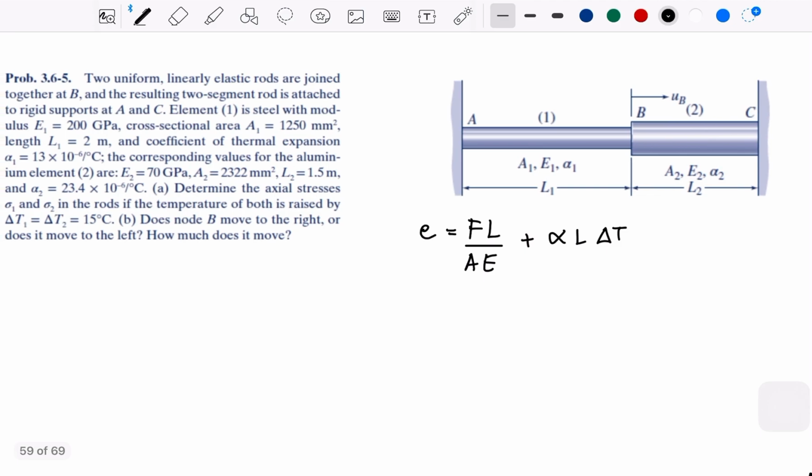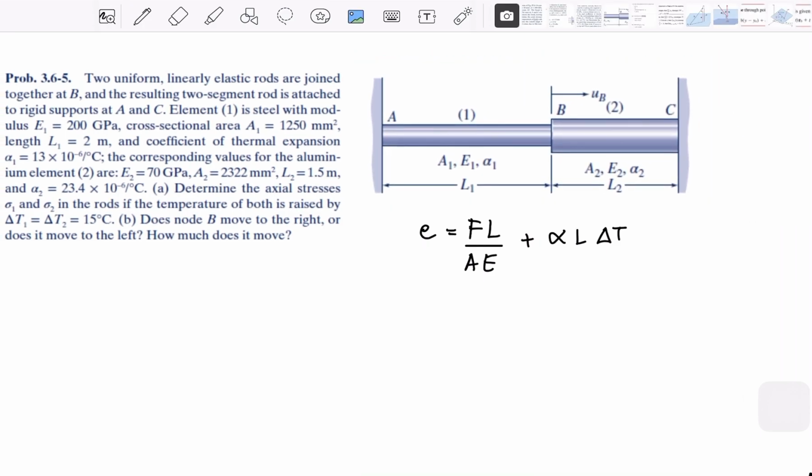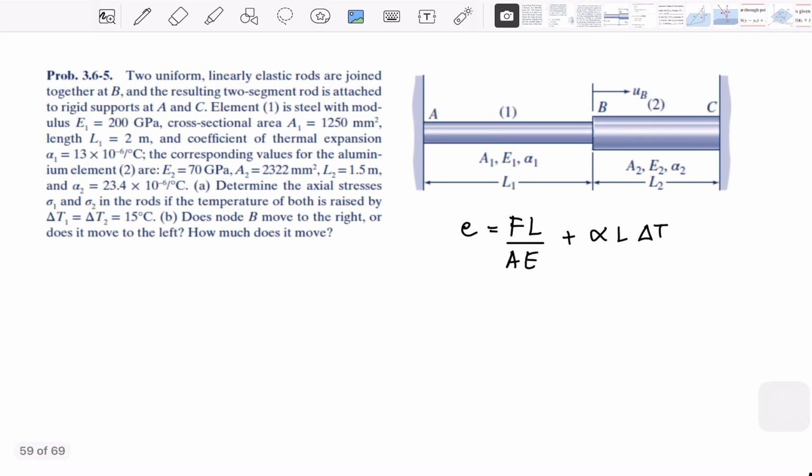If you see the picture, the question already mentions that the two-segment rod is attached to rigid supports. So rigid support, that's the key.